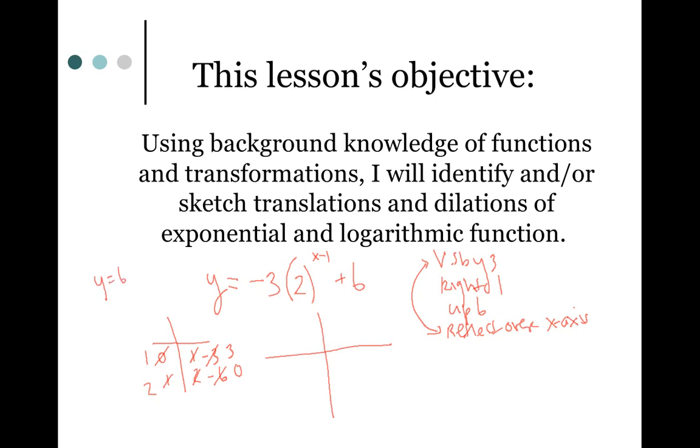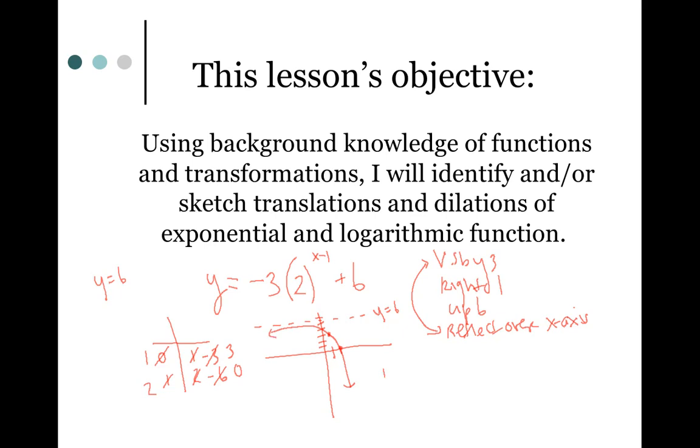Y is going to be equal to 6 for this. So if I did this correctly, the whole thing should be happening down here. So 1, 3, and 2, 0. Yep.